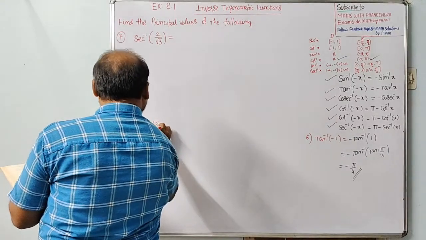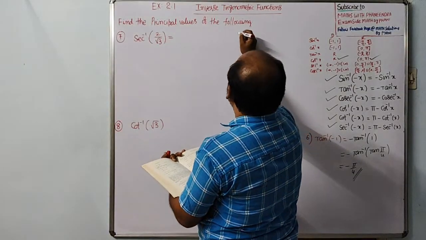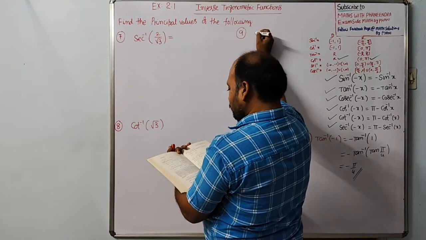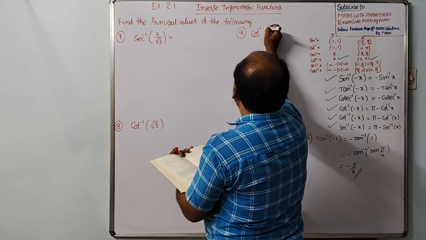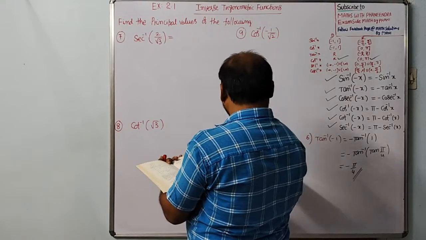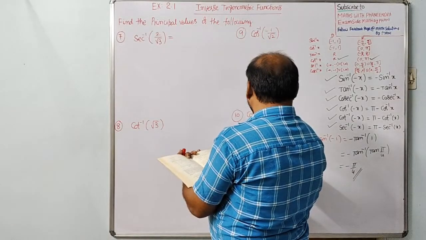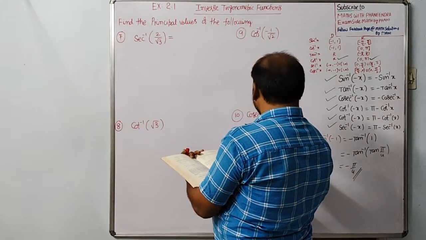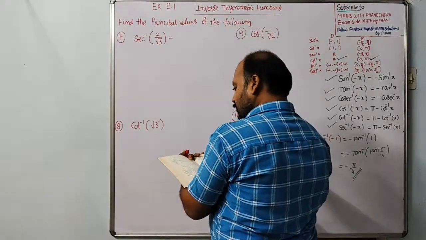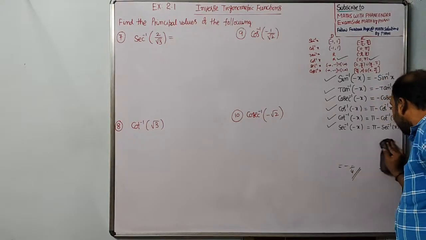Cot inverse of root 3. 9th: cos inverse of minus 1 by root 2. 10th: cosecant inverse of minus root 2. Okay, this is also over now. We can run it.